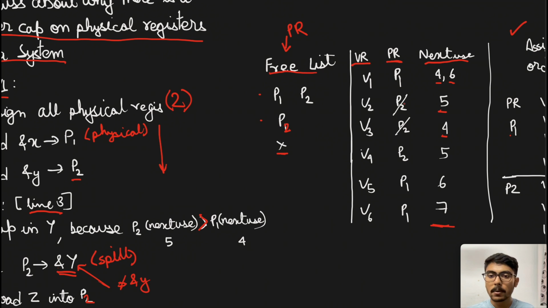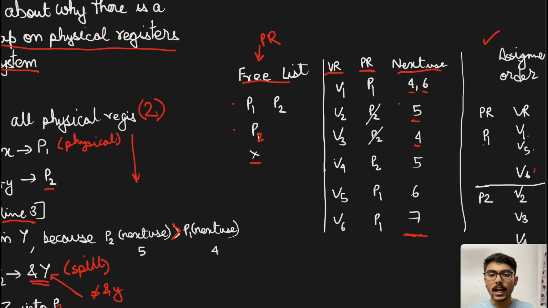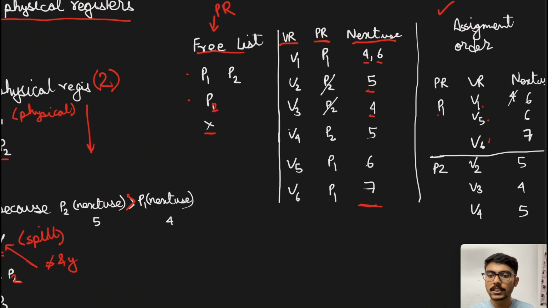But since the next use of P2 was greater than P1 and we had no other physical register left, we removed the physical register P2 from the virtual register V2. This was the case of the next use table.